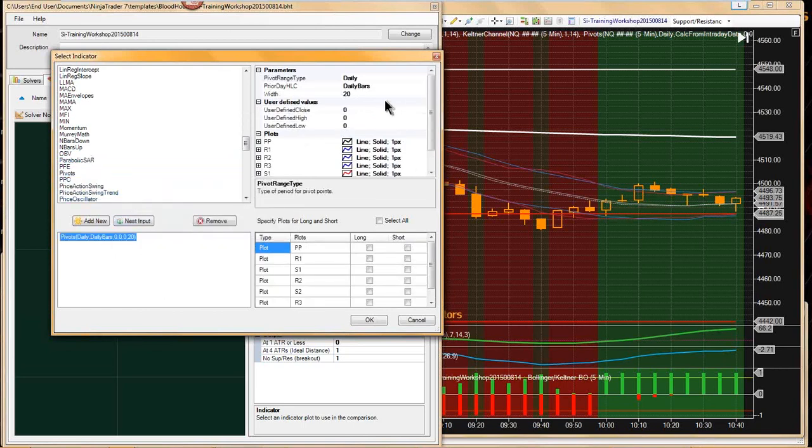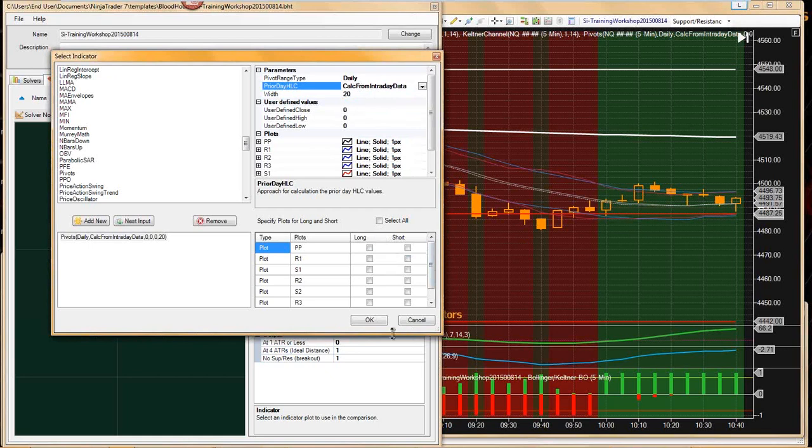There we go, pivot indicator. As I explained earlier, we can't use the pivot indicator with daily bars because there's a little technical issue with Ninja's data feed when you do that. So we'll change this to calc from intraday data.